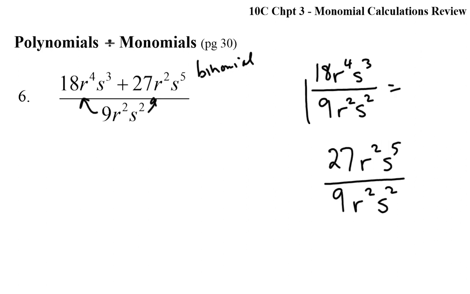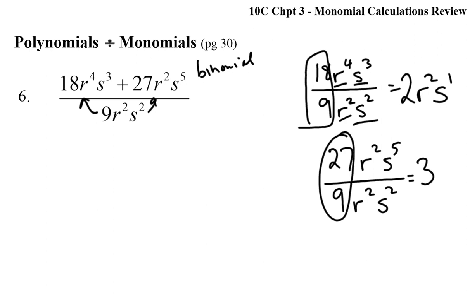Just talked about division, divide coefficients, and we subtract exponents on the like bases. Here, 27 divided by 9. r squared divided by r squared is an r^0. And s^5 divided by s squared, subtract exponents, s cubed.